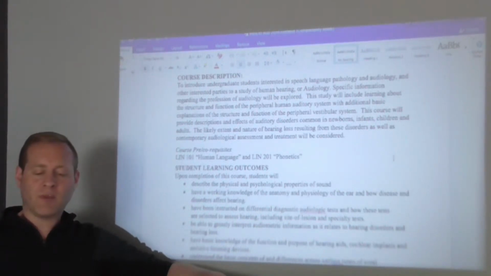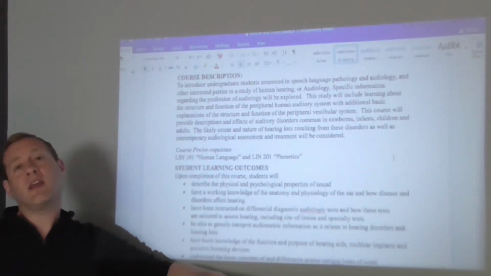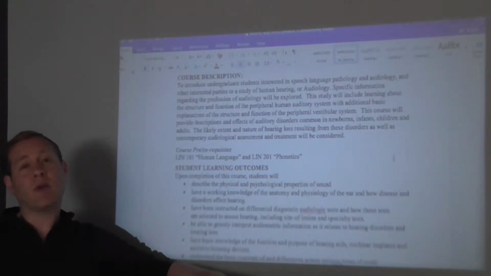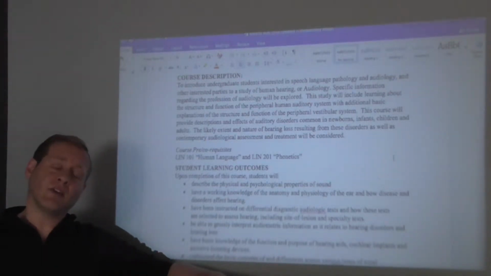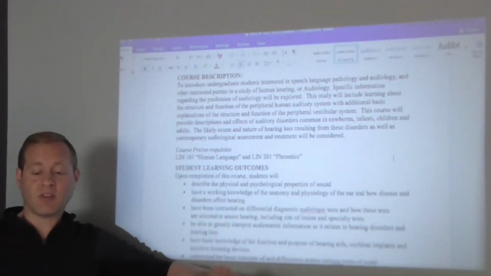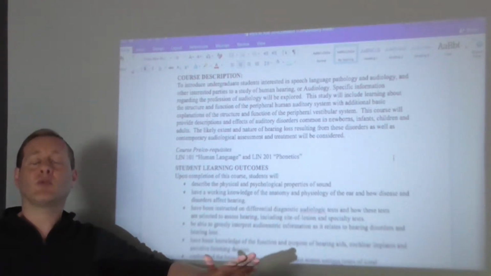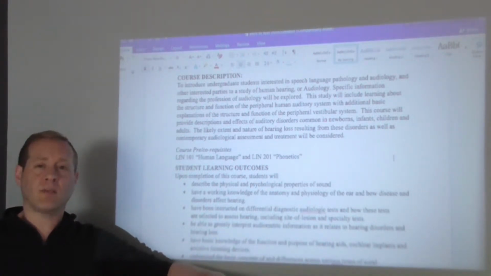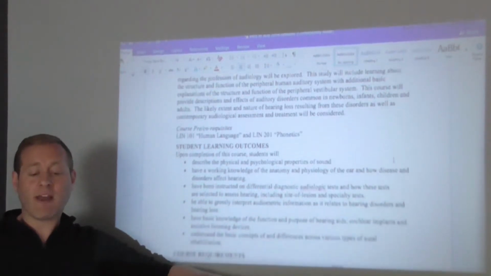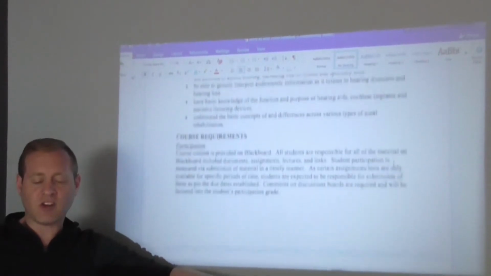We'll follow up with some information about the nature of sound, how we measure sound, then the different types of hearing loss that are present, and how we assess hearing loss, and then finally how we work with individuals who have hearing loss. And that should take us through the semester. So we're going to be talking about hearing loss as it pertains to individuals across the age range from infants to geriatrics. Excuse me. So take a look at all the information on the syllabus.